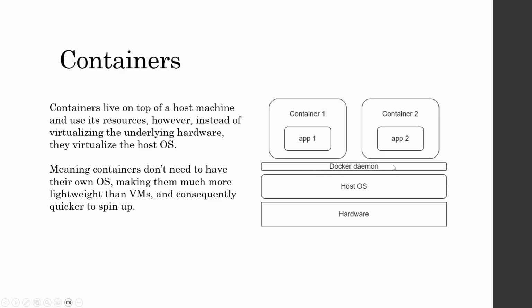That is the Docker software, and on top of it you will be running different containers. These containers will not need additional RAM, memory or CPU. They will be sharing the RAM and CPU allotted to the host OS.